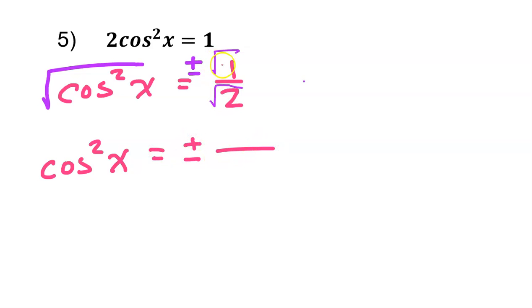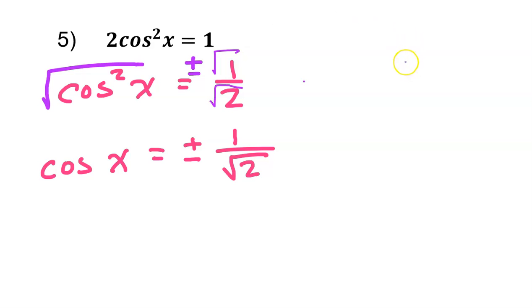The square root of 1 is just 1. And then in the denominator, I have the square root of 2. I shouldn't have put this 2 here. So we took the square root of cosine squared. That leaves us a plain cosine. So that's better. So what is the reference angle?